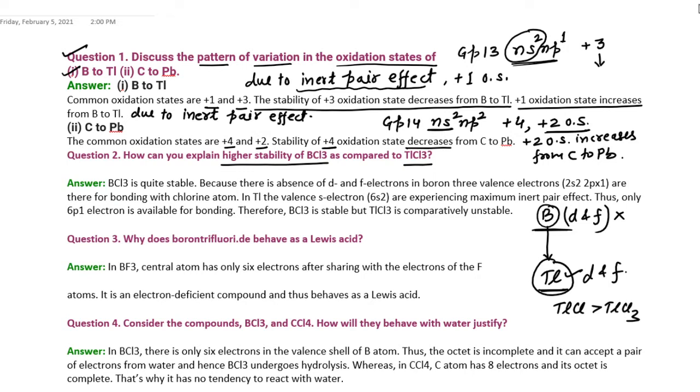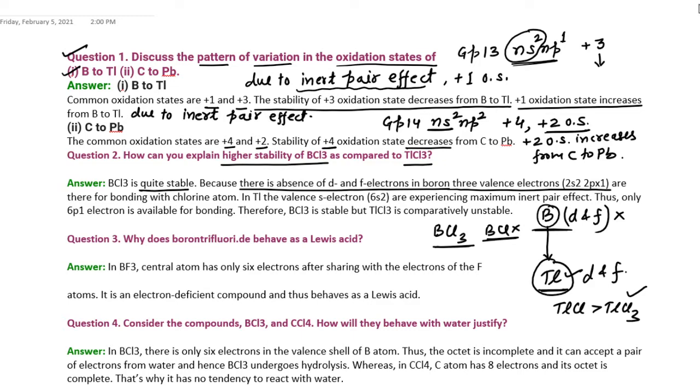Okay, but in case of boron, BCl3 exists, but BCl does not exist. That means BCl3 is more stable than TlCl3. This is the reason. See, BCl3 is quite stable because there is absence of d and f electrons in boron, and 3 valence electrons in 2s2 and 2p1.